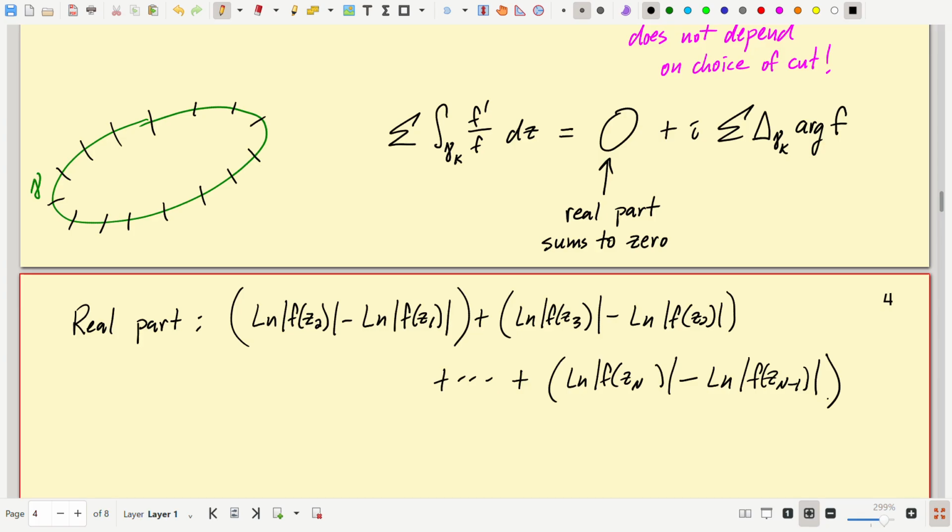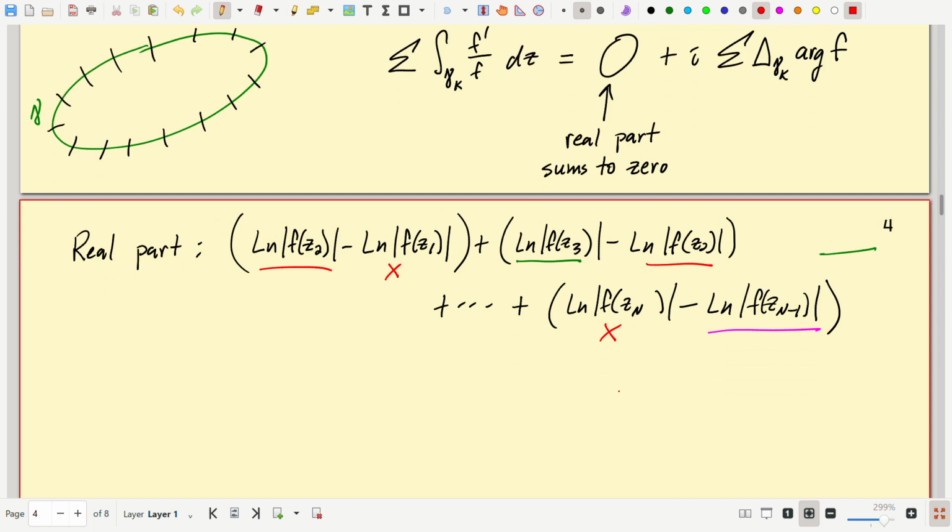You get telescoping cancellation. So this f of z2 would get canceled later on over here. Those two would cancel. And then the next one to cancel would be the z3 further on. This log of z3 would get canceled by the next one over here, etc. And this one would get canceled somewhere along the line, the last one. But the first one won't. I mean, the nth one won't. But this one cancels this one because those are the same.